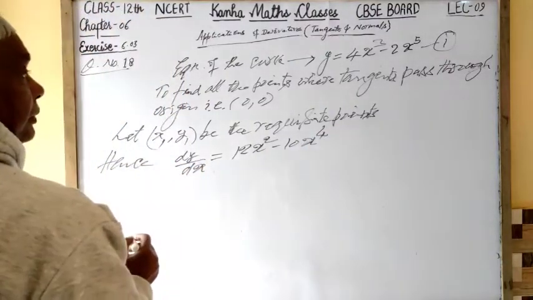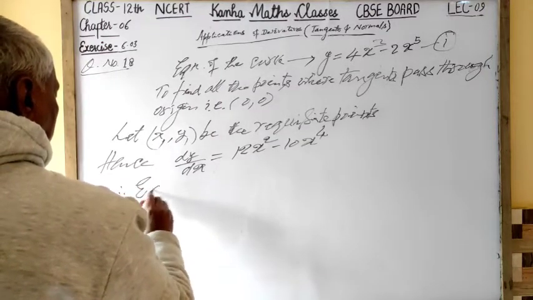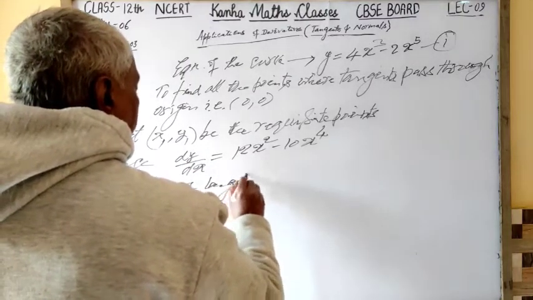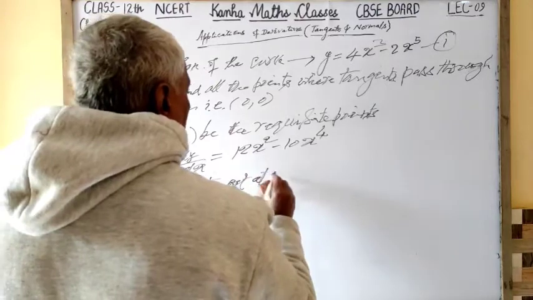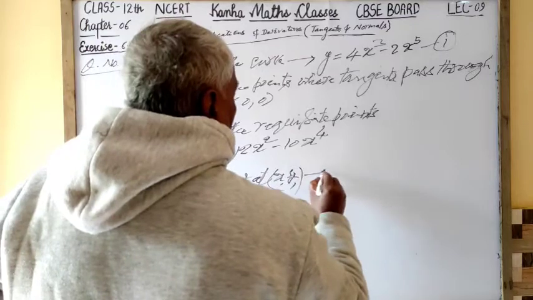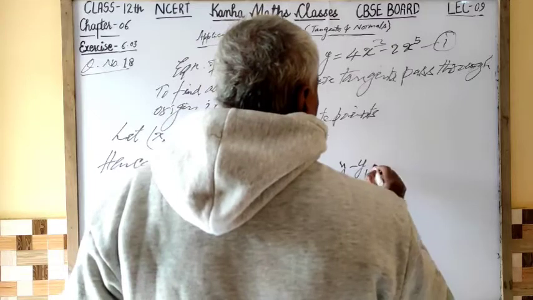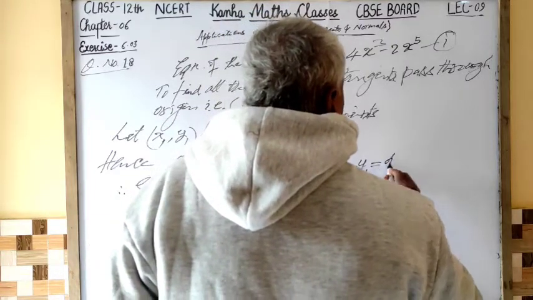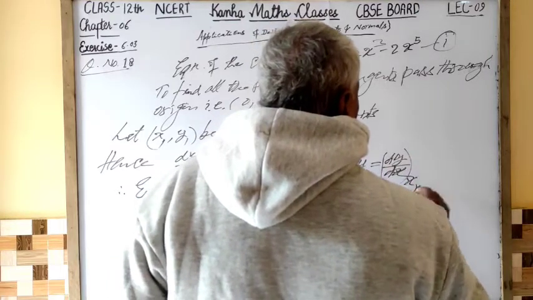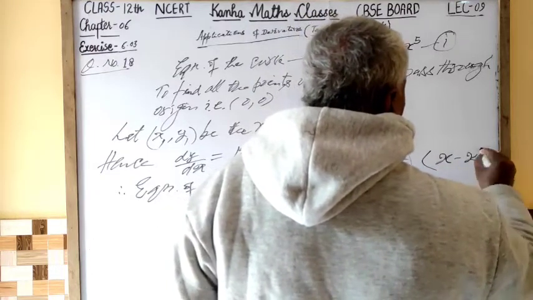Hence the equation of tangent at x1, y1 is y minus y1 is equal to dy by dx at x1, y1 within the bracket x minus x1.